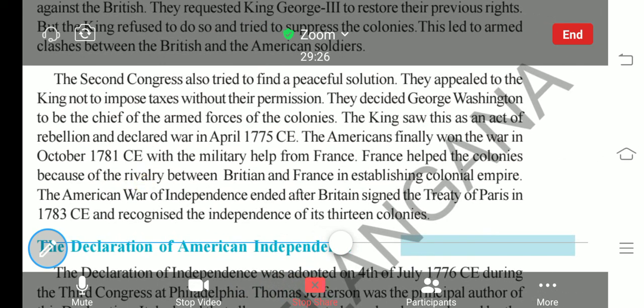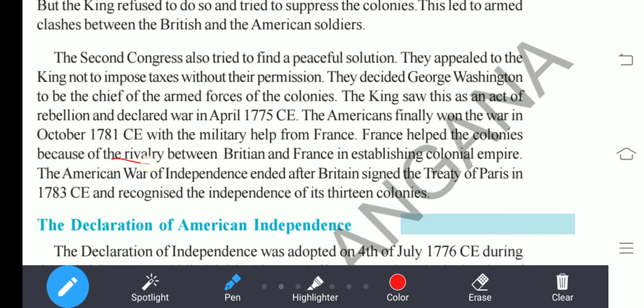Rivalry means enmity between Britain and France regarding colonial empire. When new places were discovered, European countries rushed to establish colonies in the newly discovered places. So Britain on one side and France on the other were in competition in expanding their empires.